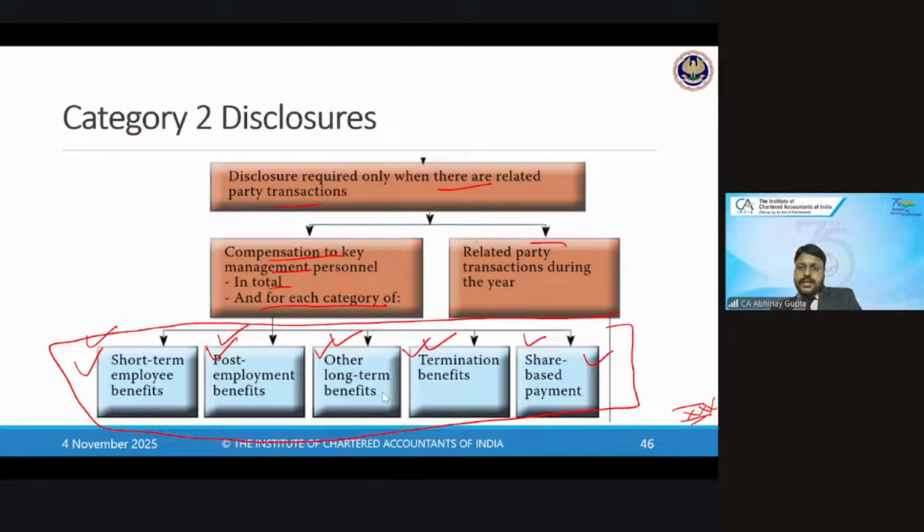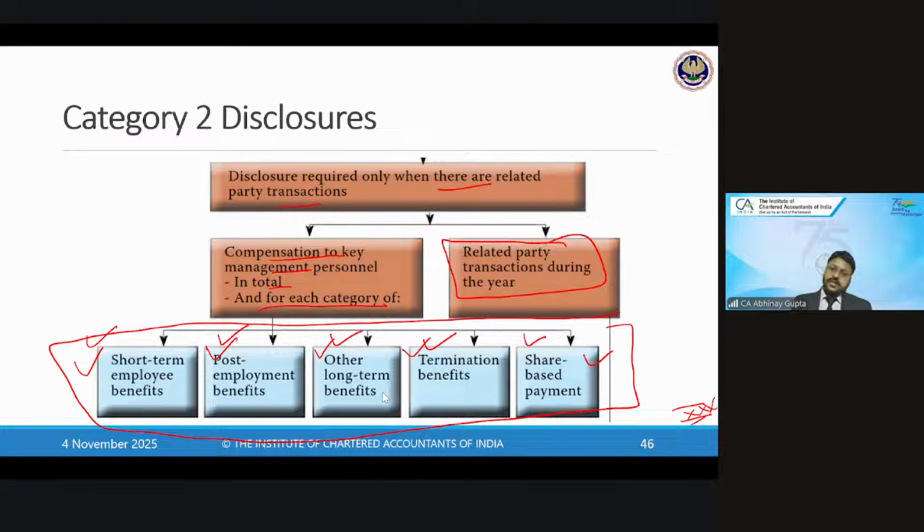And any other related party transactions. For example, if you are making any purchase, sales, doing any leases, or making any licenses, any loans taken or given, guarantees taken or given, any sort of transaction by whatever name called, right?